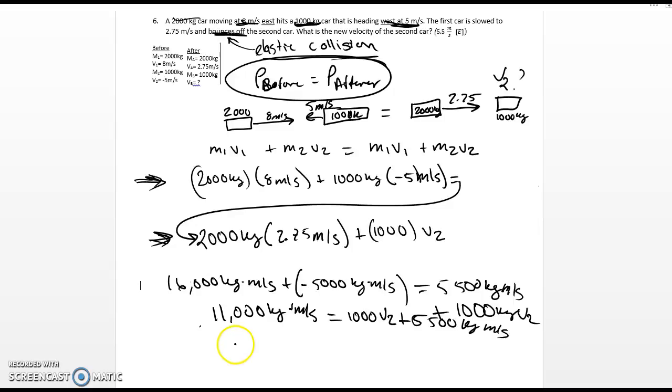I got 5,500 meters per second, and then divide that by 1,000. You should get 5.5 meters per second in the east direction.